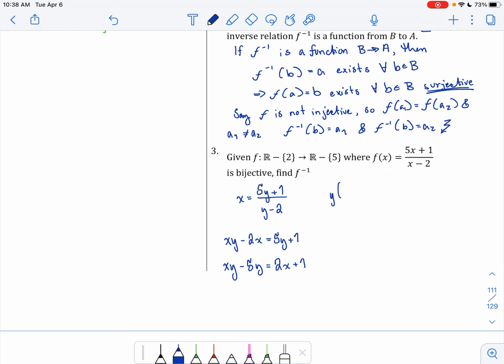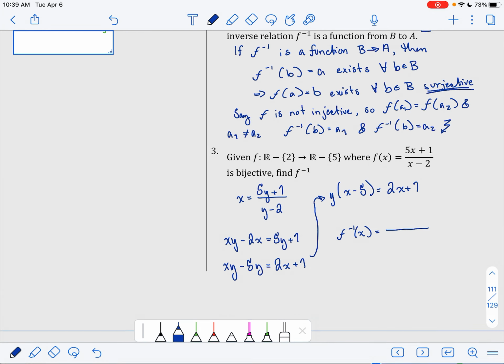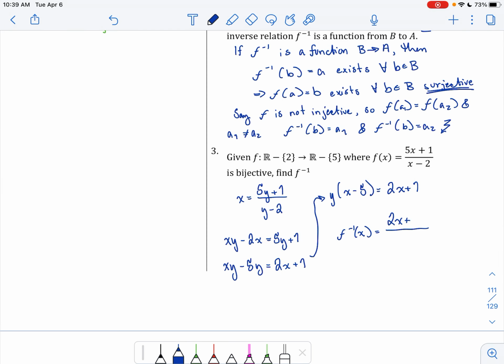Factor the y out: y times (x minus 5) is equal to 2x plus 1. Solving for y gives us our inverse function, so f inverse of x is equal to (2x plus 1) over (x minus 5), which is why we have that as our codomain there, so that it can have surjectivity.